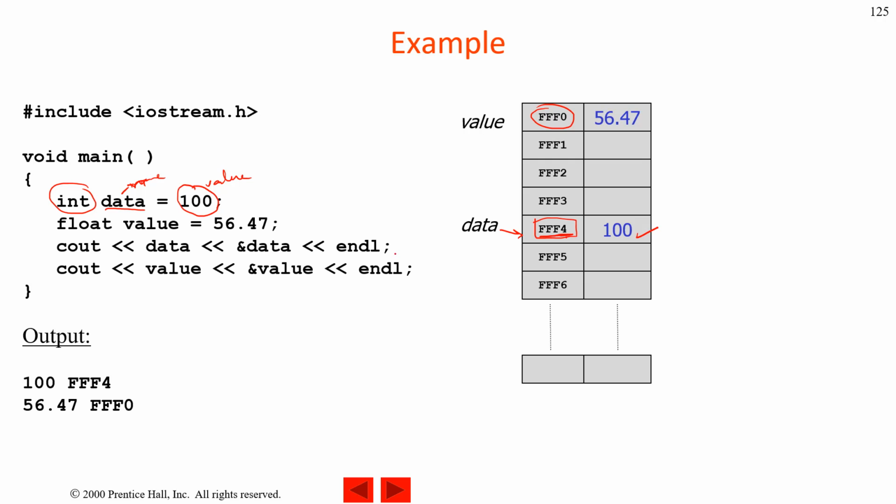So the address of data is going to give me FFF4, which we see over here. So 100, that's the value, and this is the address. This is as a result of data, and this is as a result of ampersand data. Similarly, for value we have this, and for ampersand value we have this address over here. So that is the concept of pointers.